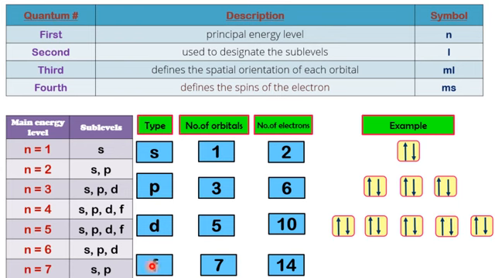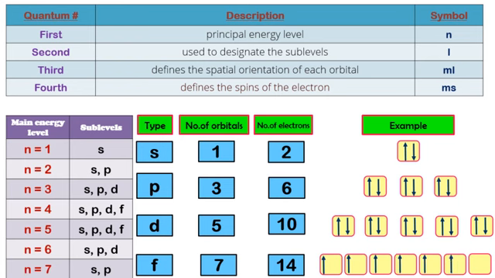In the last sublevel, f, we have 7 orbitals: 1, 2, 3, 4, 5, 6, 7. How about the electrons? Arrow up, 1, 2, 3, 4, 5, 6, 7. Then arrow down, 8, 9, 10, 11, 12, 13, 14 electrons in the f sublevel.